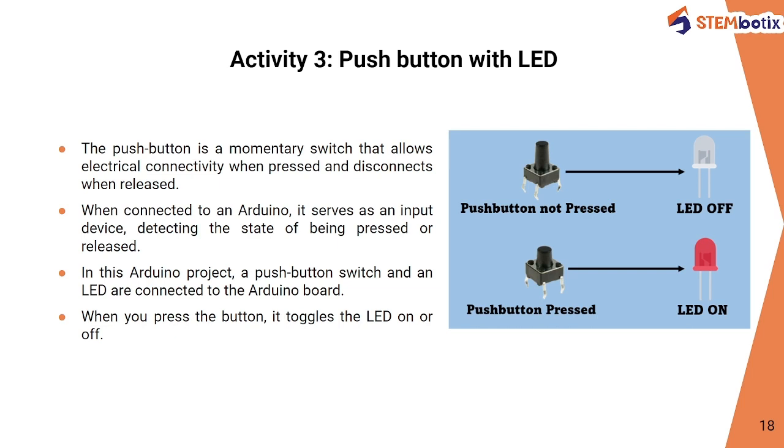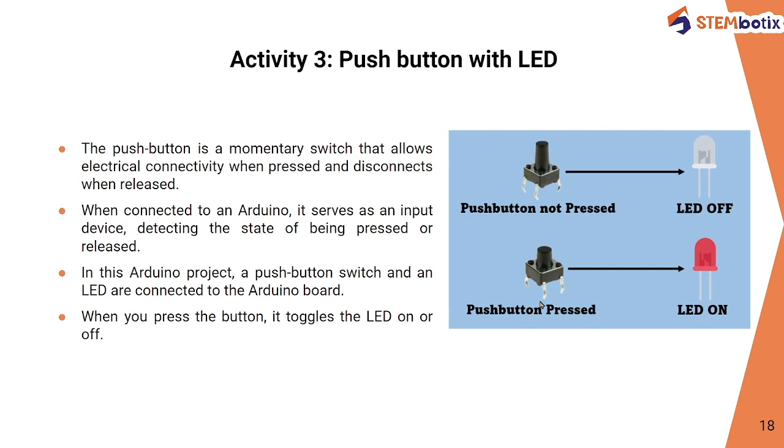When connected to an Arduino, it serves as an input device. It gives a command depending on the state you give it, and after that the device will behave accordingly. It will detect the state of being pressed or released.